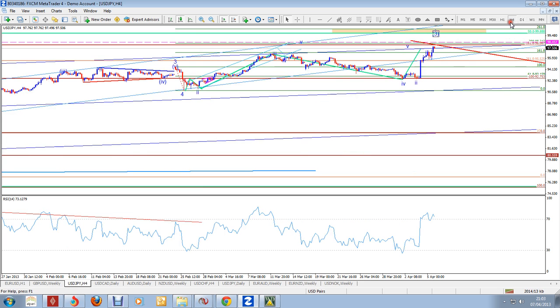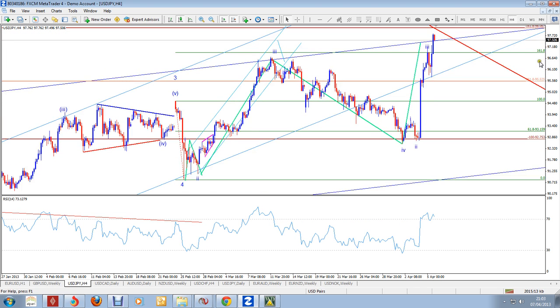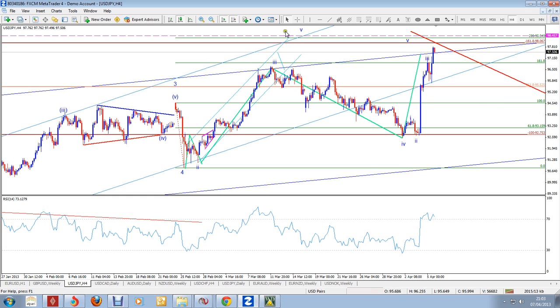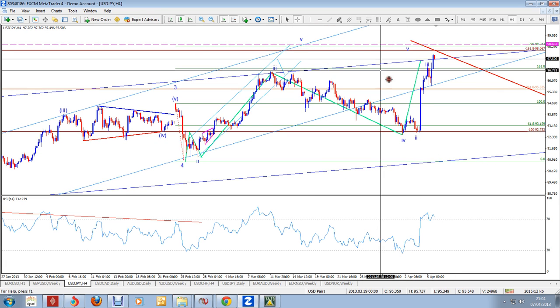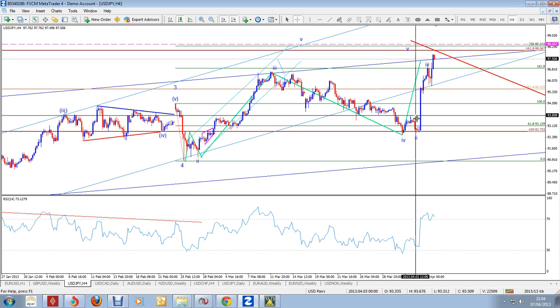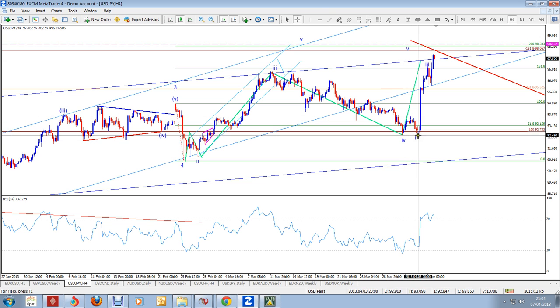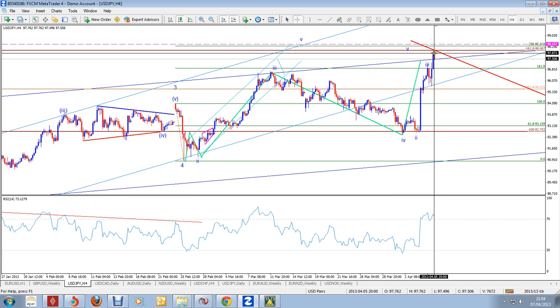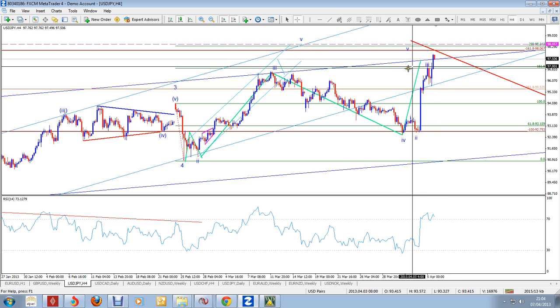In the wave 5, you can see we've got wave 1 from the low we had at 90.8, then 1, 2, this is 3, this one 4, and we are now going in a fifth wave to the upside. That fifth wave to the upside still has some way to go, because that one is also starting off with wave 1, wave 2, and soon will be coming to complete wave 3.